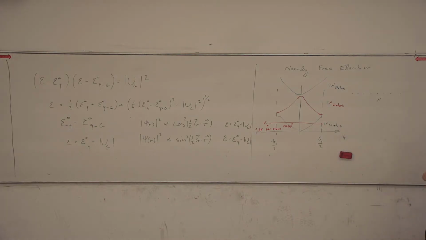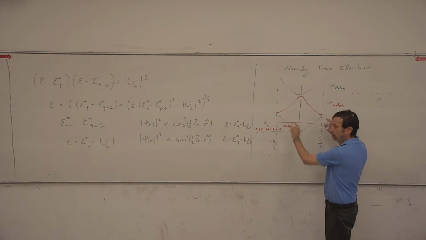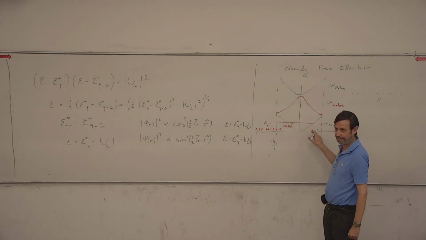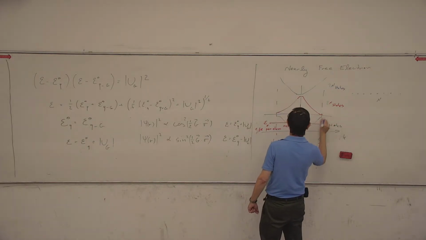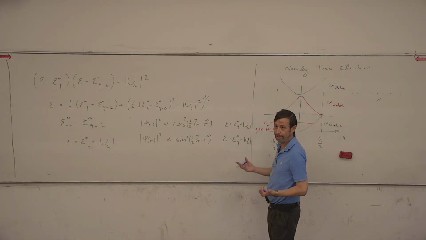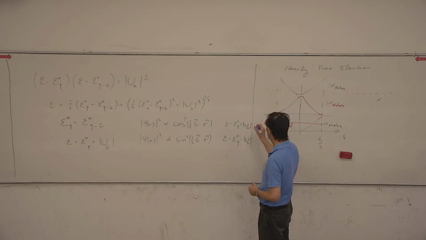Let's say I have 2 free electrons per state. So I need to fill up all these states. The Fermi energy is in the gap.